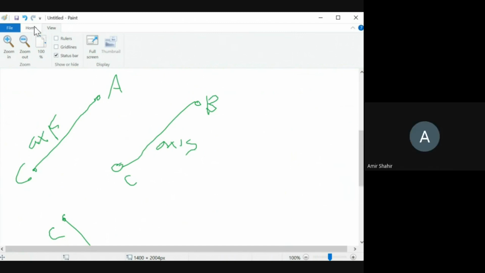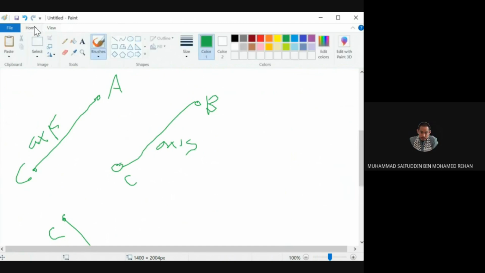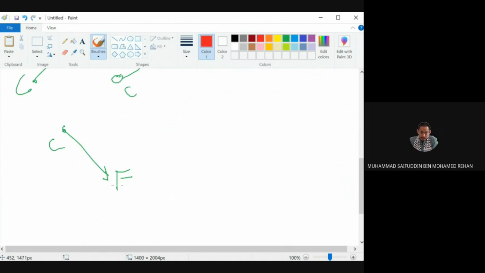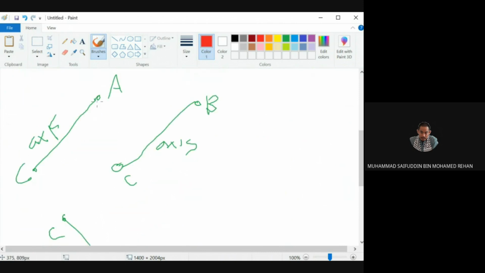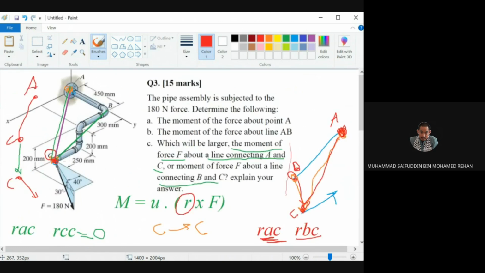Do you understand the question first? Yes, I understand the question. So for the force about this axis AC, I have two options for R. One is this, one is this. Okay, now I see it. So when the actual force goes through the line itself, it doesn't.